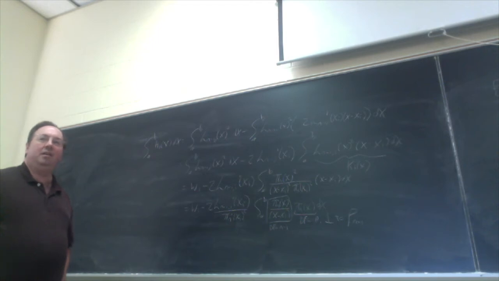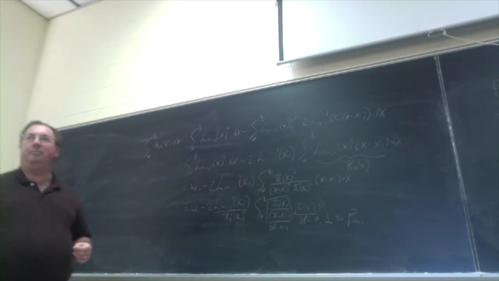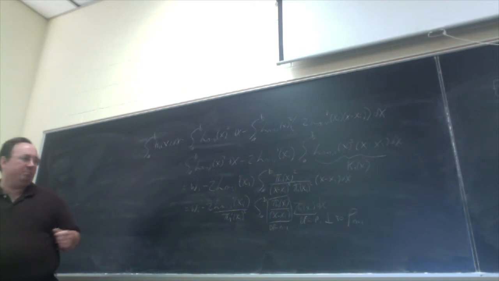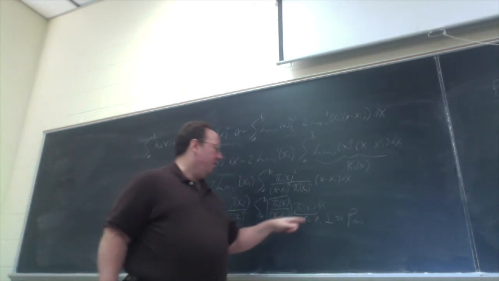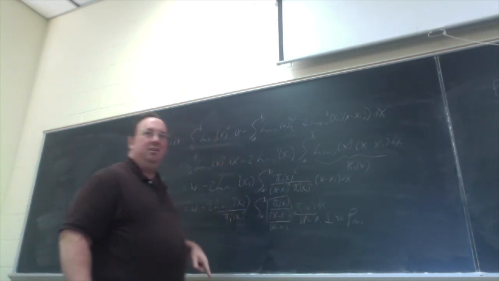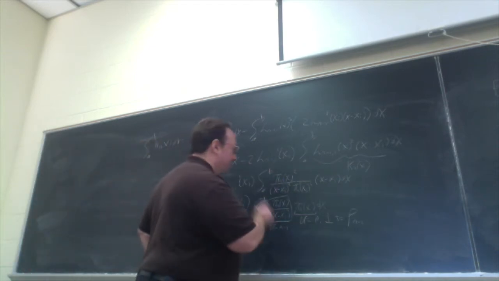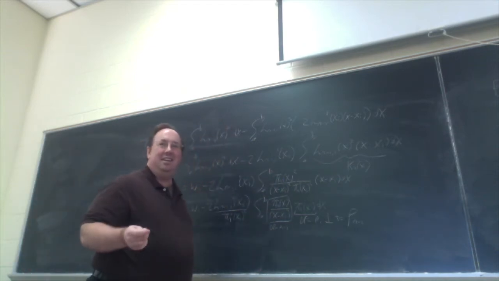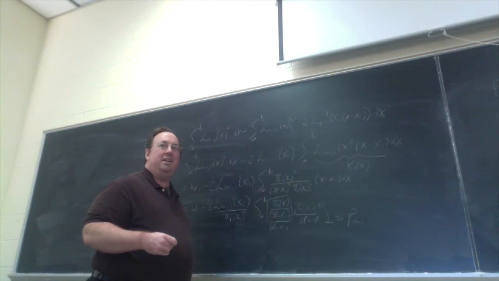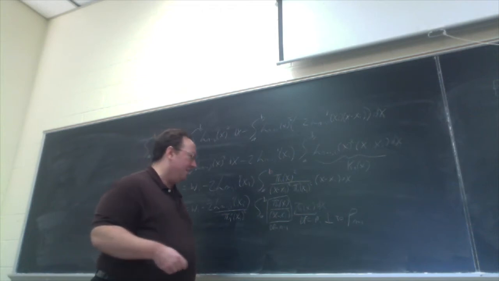Degree n minus 1 times degree n. Wait, you add them or multiply? Well, they're multiplied. This is the inner product. And because this polynomial is orthogonal to lesser degree polynomials, it's going to be 0. Yes, it's only non-zero if the degrees are equal.